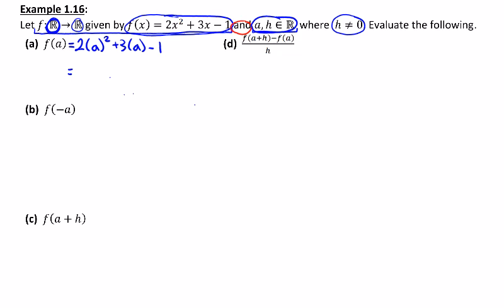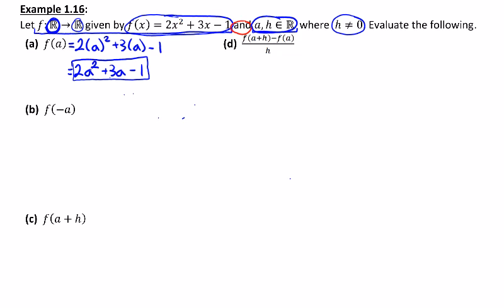A squared is just going to be written as A squared, and then we multiply it by 2. We just call it 2A squared. Same idea for 3 times A. We just call that 3A, and then we'll subtract 1 there at the end. Nothing else can simplify, which means this is the answer.